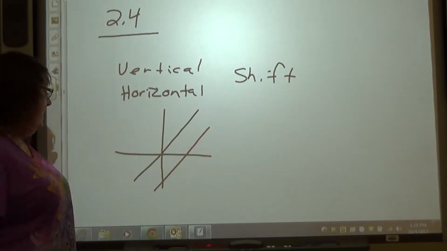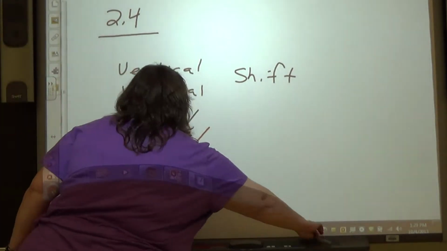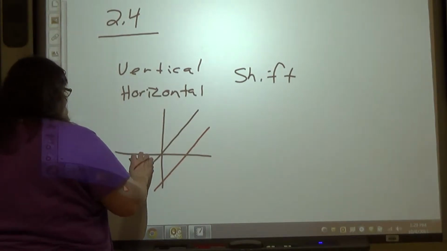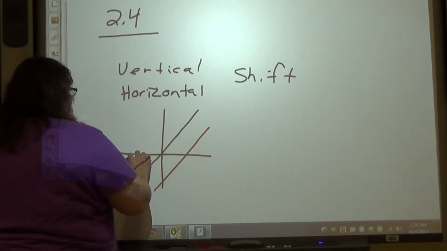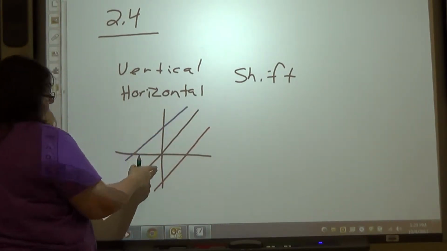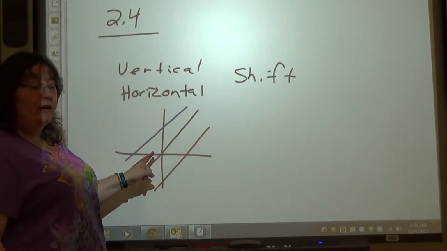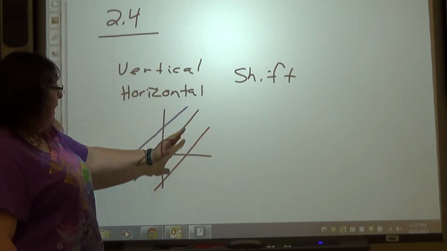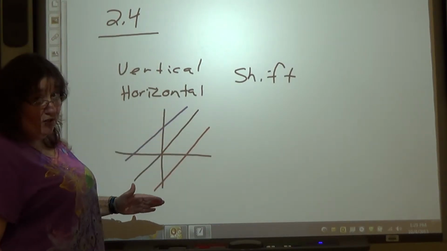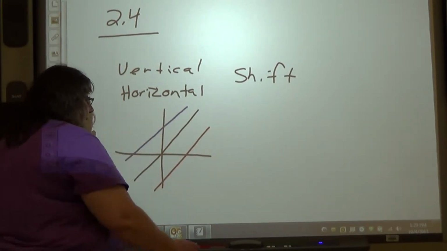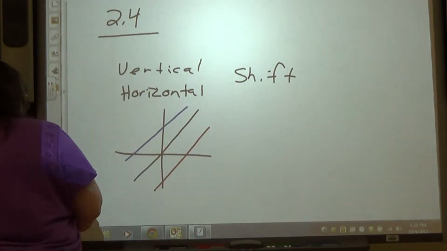I moved it over. Now, a vertical shift is where it moves up and down. Again, it's a parallel line, but it moves up and down on the y-axis here, okay? Now in this case with these lines, they're both a vertical and horizontal shift depending on what you're looking at, okay?